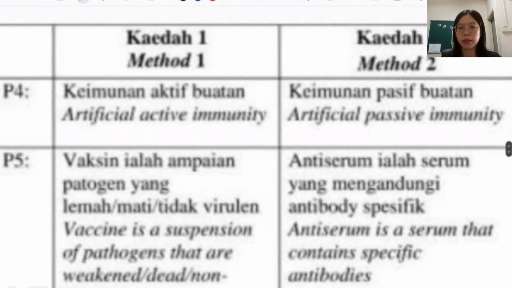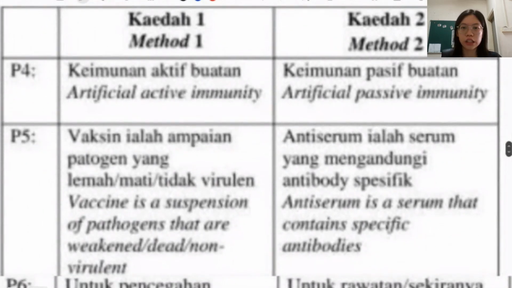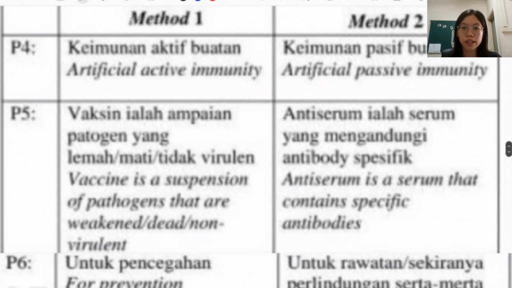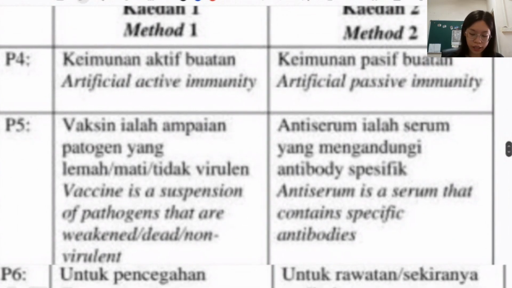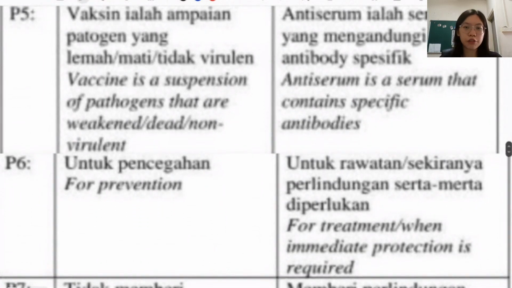So you draw it out in a table for differences. You can see right here, what does the vaccine contain? You can compare it. And then this is actually for prevention. Let's say in the future, you may be exposed to tuberculosis. And this is immediate protection.